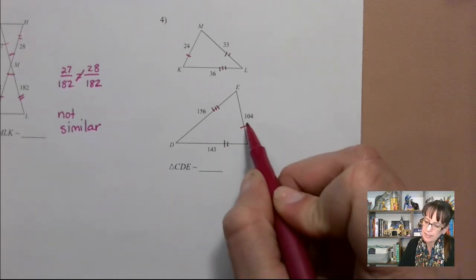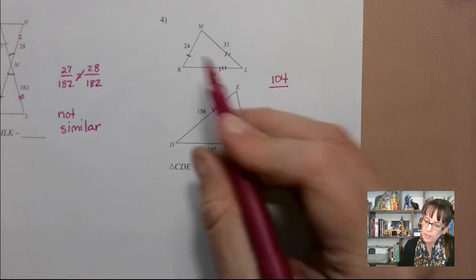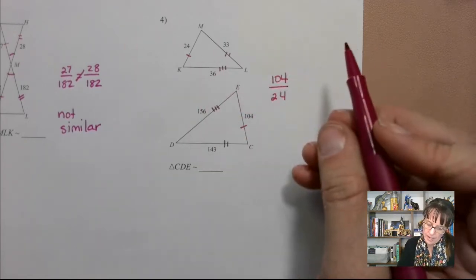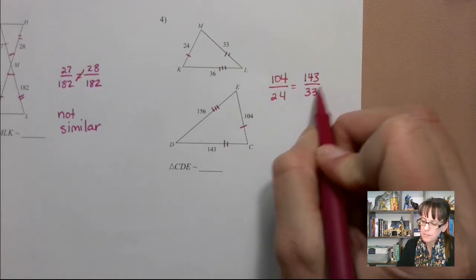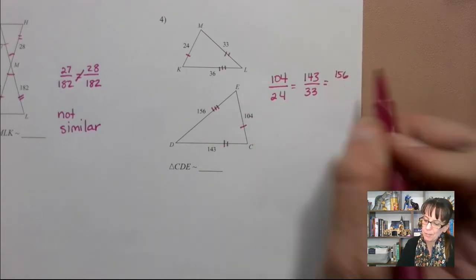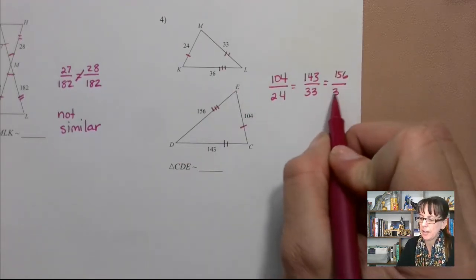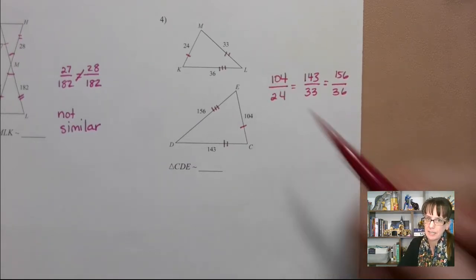So I like to do my bigger one here, 104 over 24. And then equals 143 over 33. And then my 3 dash is 156 over my large here is 36. Okay, and you could reduce these if you want to. They're kind of big numbers, so all I did was plug them into the calculator.